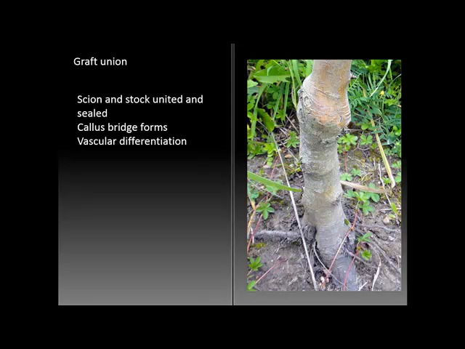Here's another photo of a graft, and in this case you can see clearly the graft site, but over time the scion and the stock unite, the tissues seal, a callus bridge forms, the same as in the cuttings that we made, and once the callus tissue forms, the tissue differentiates or redifferentiates and unites.